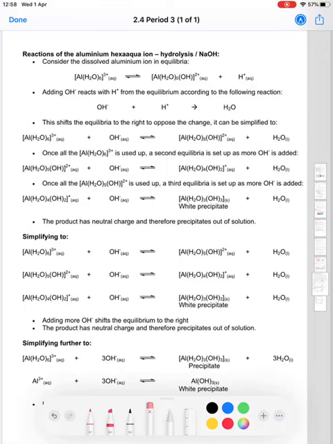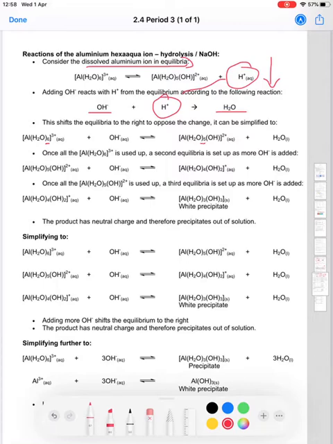The key thing here is that if I start to add hydroxide ions to this, the hydroxide ions react with the hydrogen ions from here, which then produce water, which, if you think about it, reduces the concentration of that, which means the equilibrium shifts, and it keeps shifting until one of the waters has lost all of its hydrogens.